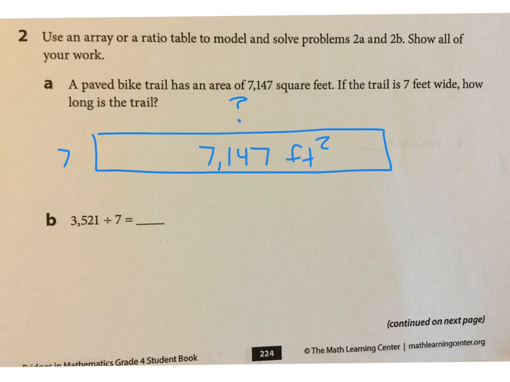However, what we're going to do is work our way up to that number. So this is the full area, but I don't know how to get there yet. So I'm going to do what I can. So I know that it could be at least 1,000 feet long. And so 7 times 1,000 is 7,000.